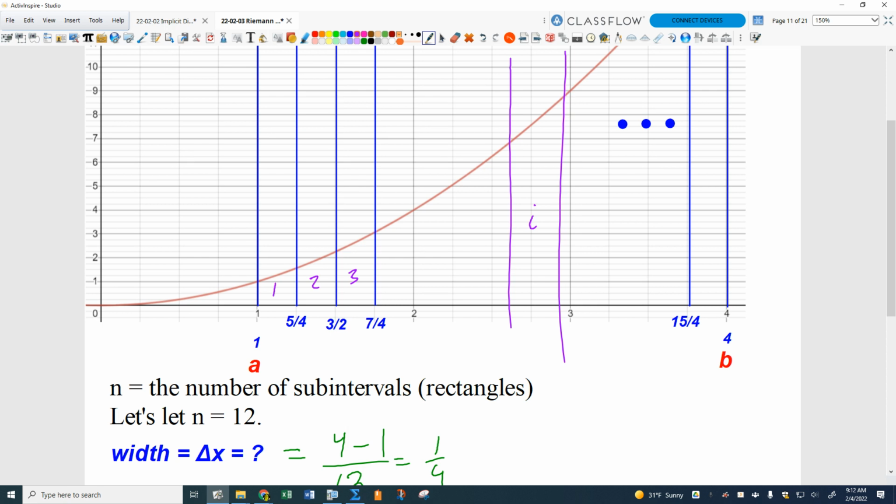But if I could tie the area of these rectangles to only the value of the index variable, then I could add up this area using sigma notation. You see what I'm getting at? We'd like to be able to define the area of the ith subinterval as a function of i. Okay? That's our goal.